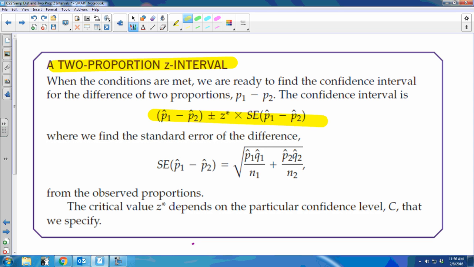Now, since you're doing a difference, you can choose whichever group you want to be 1 and whichever group you want to be 2. In my personal opinion, I would rather things be positive because that makes my life easier and makes the interval make more sense. So generally, if I'm going to set up a confidence interval, I'm going to set it up so that the difference is positive. Setting up the difference as negative is not wrong.